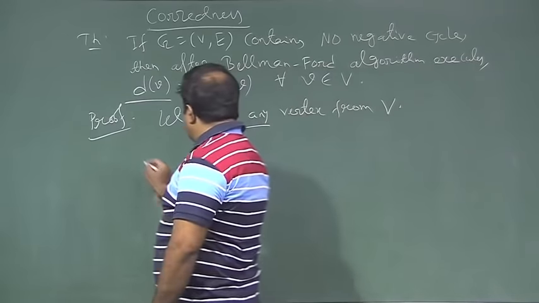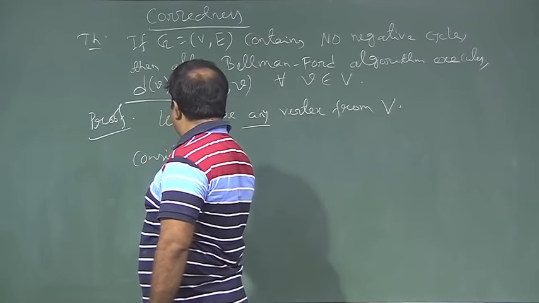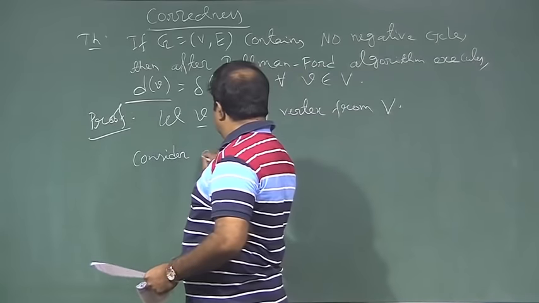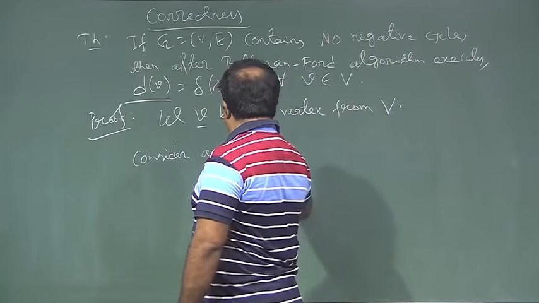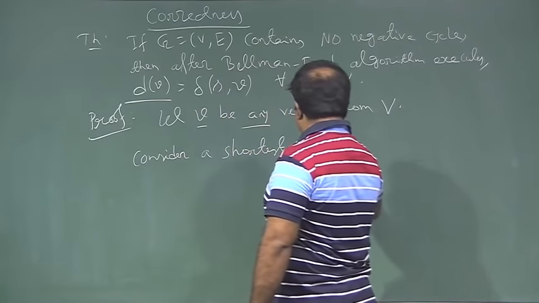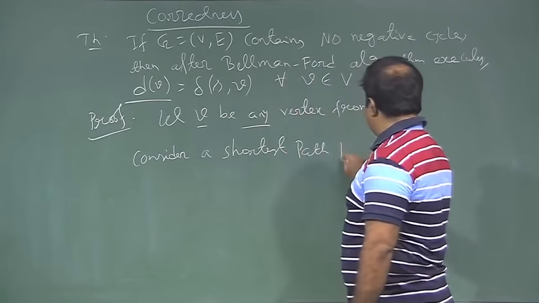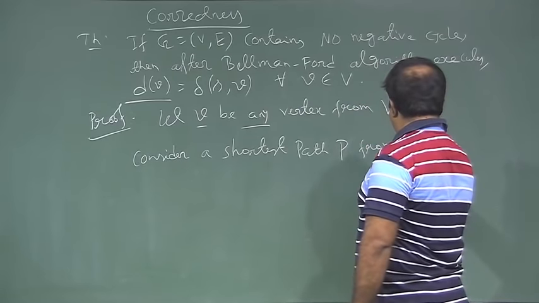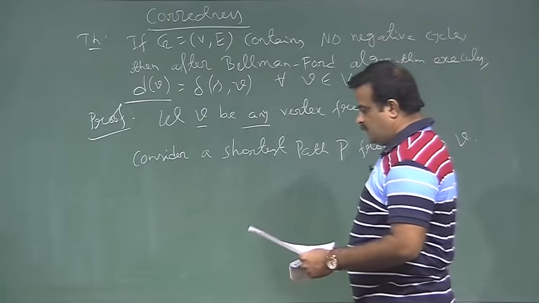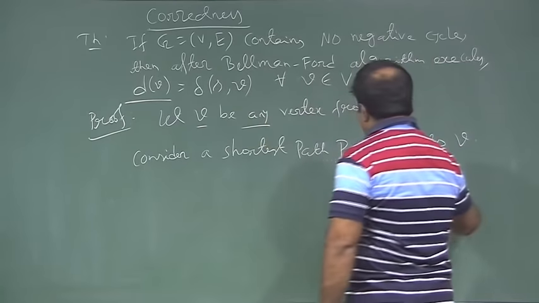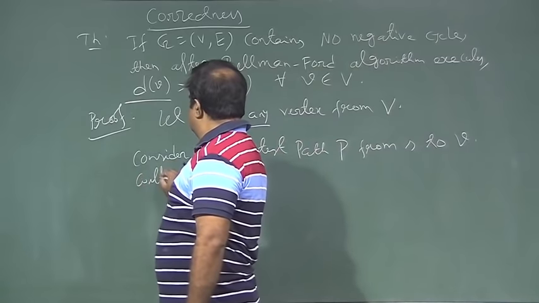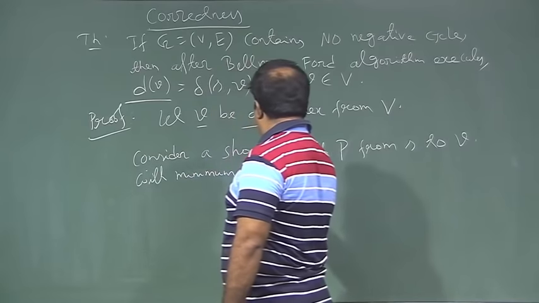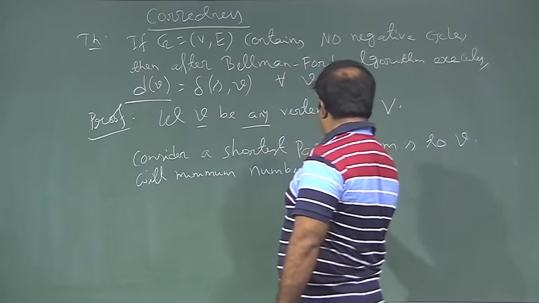Now, because there is no negative cycle, we consider a shortest path, denoted by P, from S to V with minimum number of edges.